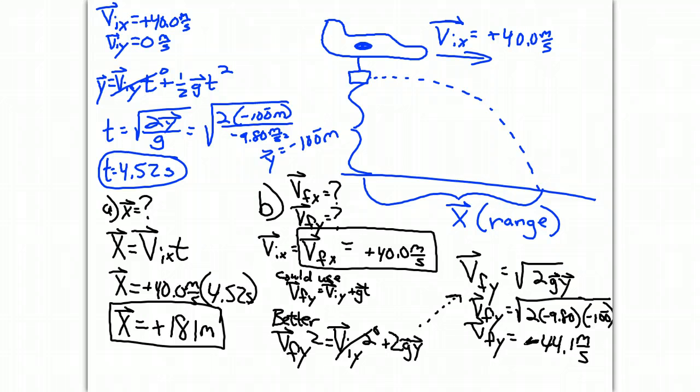Well, it's because the object's actually falling down towards the ground in the negative y direction. So we do have a positive VFX still because it's moving to the right, but our VFY is going to be negative because it is moving towards the ground. Okay, and this is the end of example 3.4, projectile motion with horizontal velocity.